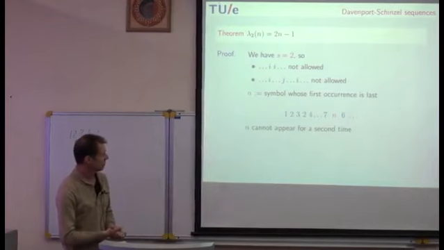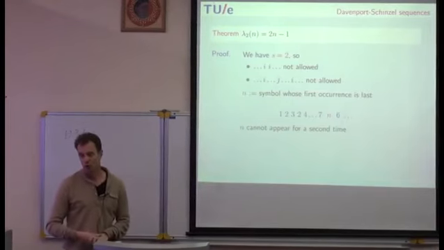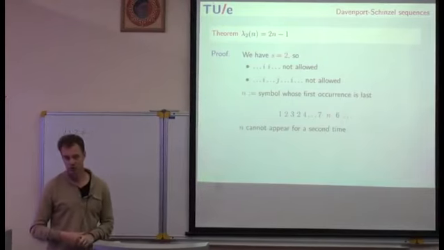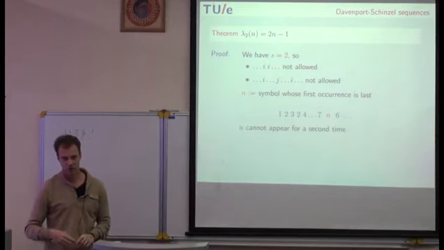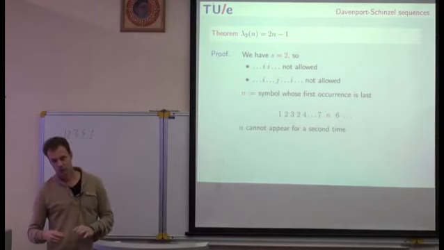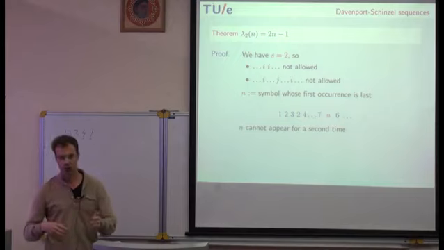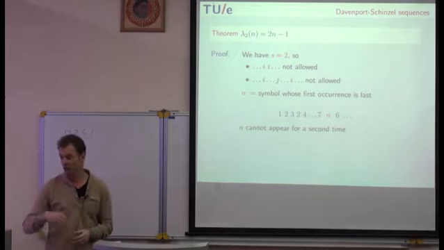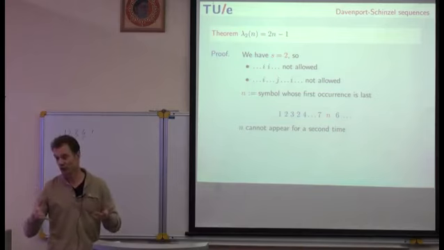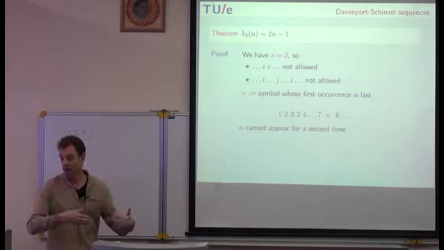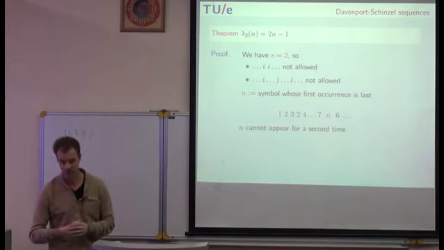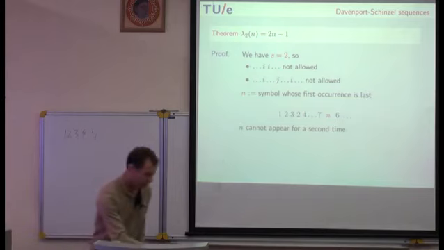Okay, so how would you continue the proof? Well, the idea would be that this n doesn't happen again, so you remove it and then you have a Davenport-Schinzel sequence perhaps with only n minus 1 symbols, and you apply induction. Let's see.